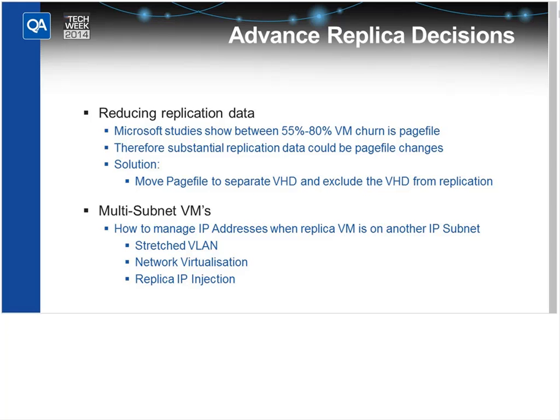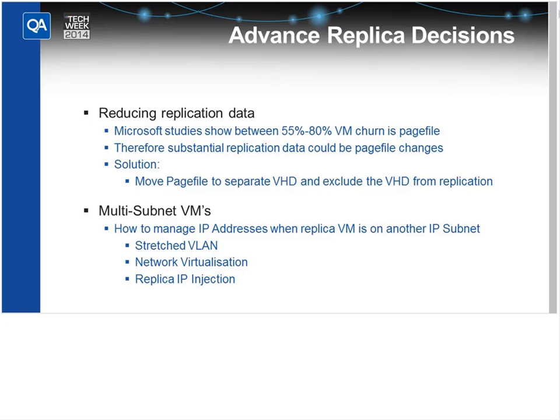One thing that's quite interesting is a statistic I picked up when I worked with Data Protection Manager. One of the things Microsoft recommend with Data Protection Manager is putting the page file for a virtual machine into a separate VHD. The reason is that, depending on what the virtual machine is doing, differential changes between VHD files can represent up to 80% of the amount of data we're backing up.